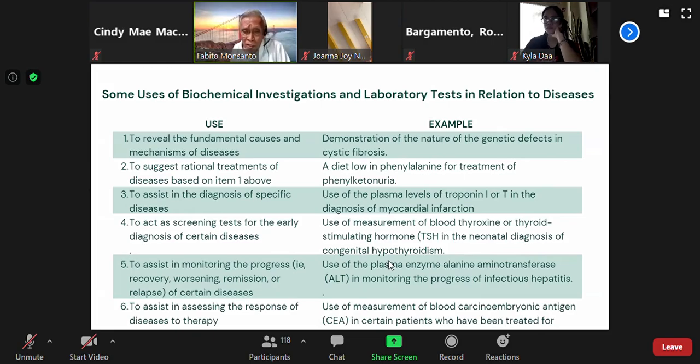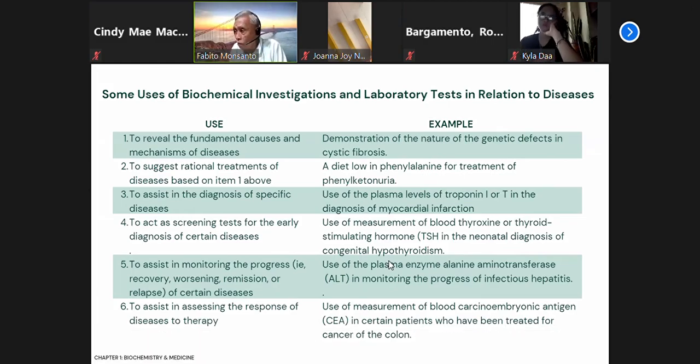Otherwise, you will have a condition known as phenylketonuria. So you must have a diet low or free of phenylalanine if you have phenylketonuria.